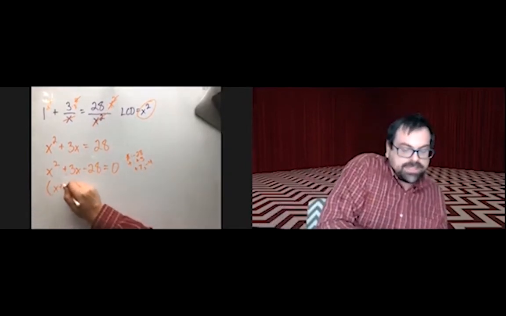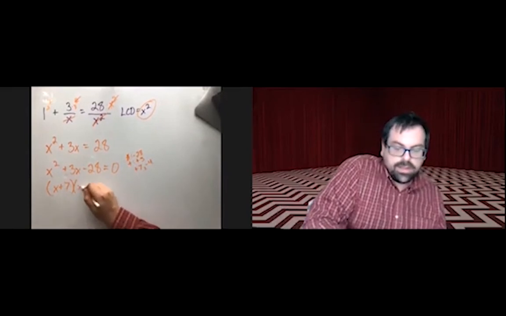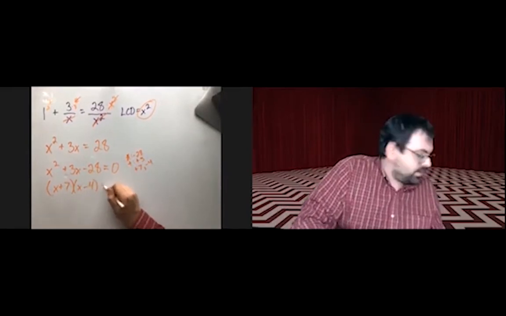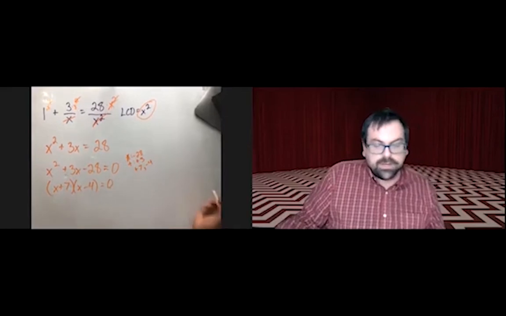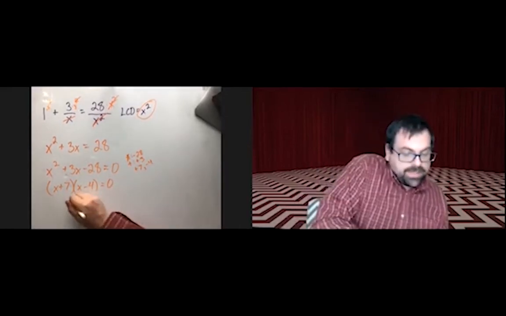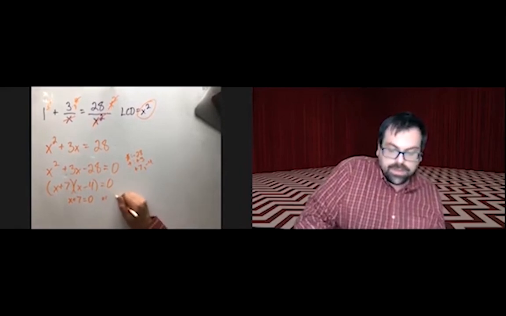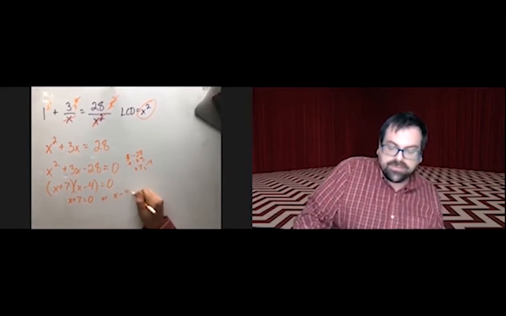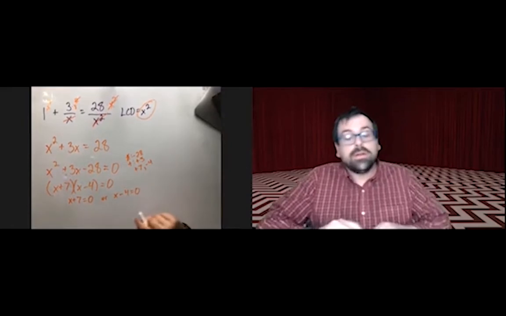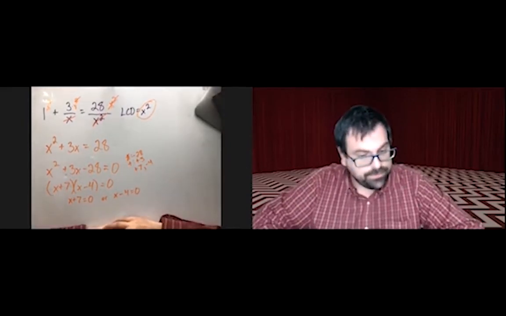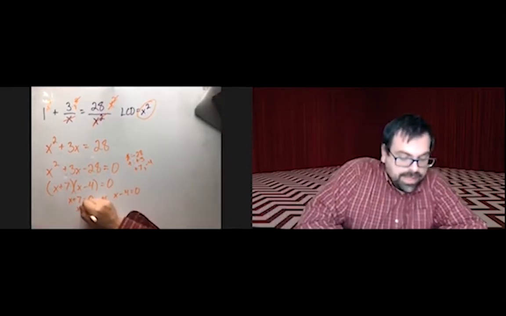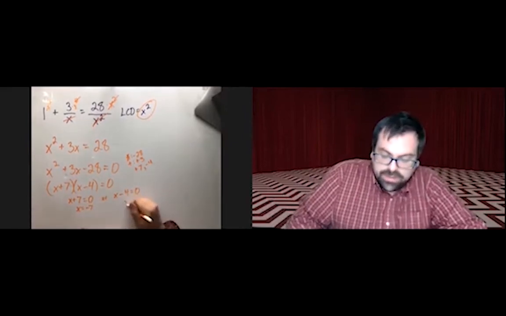So x plus 7, x minus 4 equals 0. That means that x plus 7 equals 0 or x minus 4 equals 0. X equals negative 7.